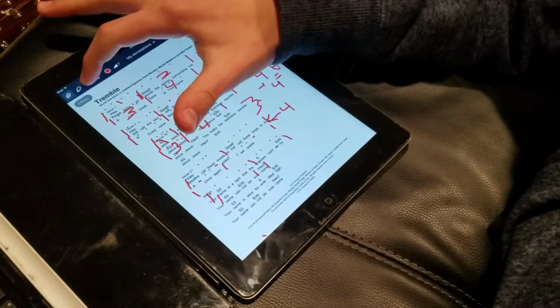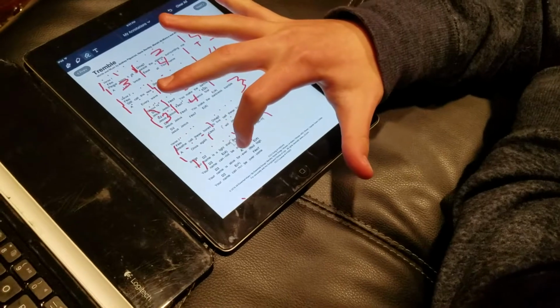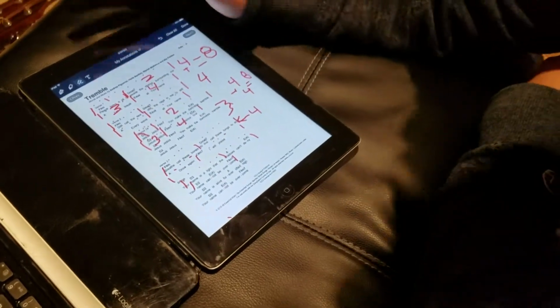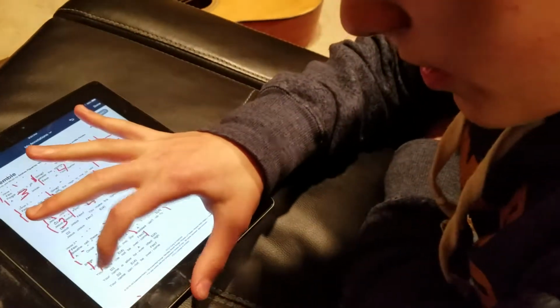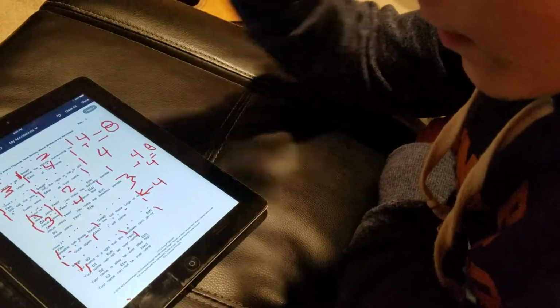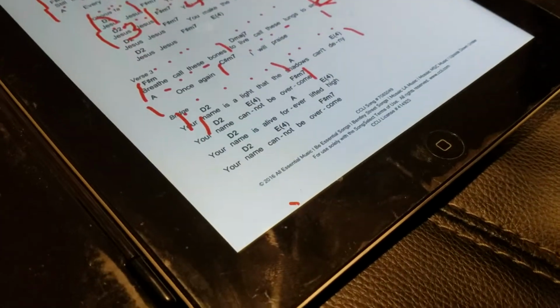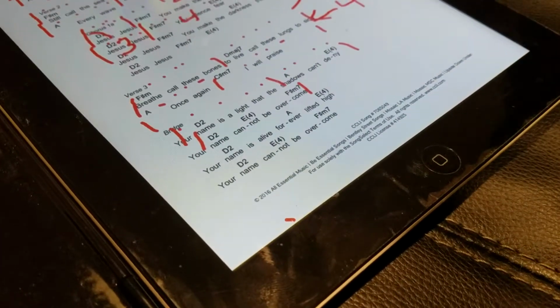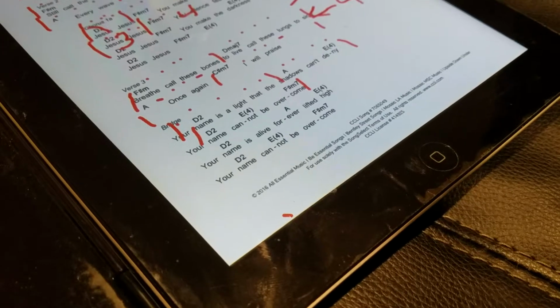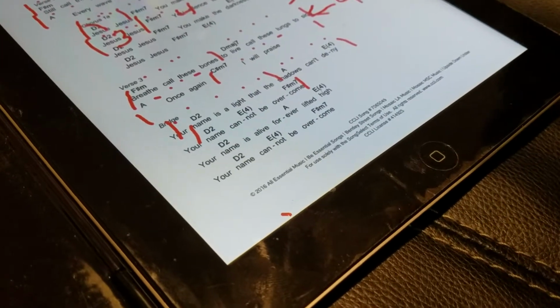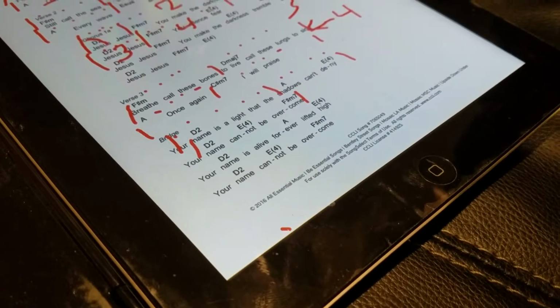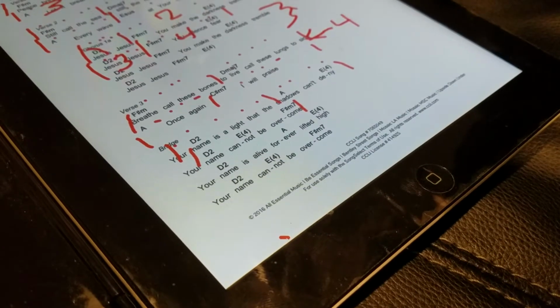Okay, before we do that, talk me through why you moved that last bar there. So it looks like from here we've got name cannot be overcome. All three of those chords are going to be in one bar.